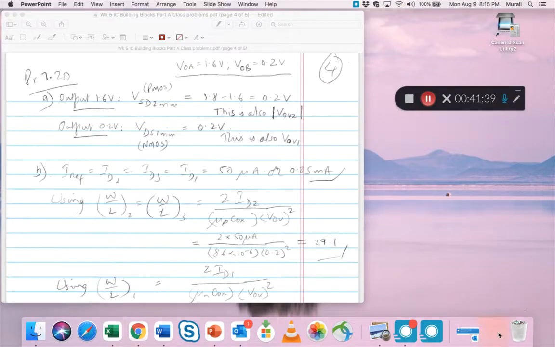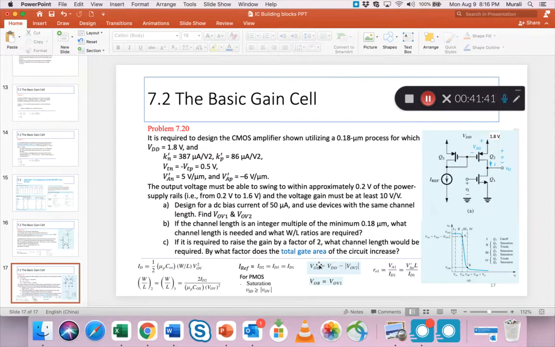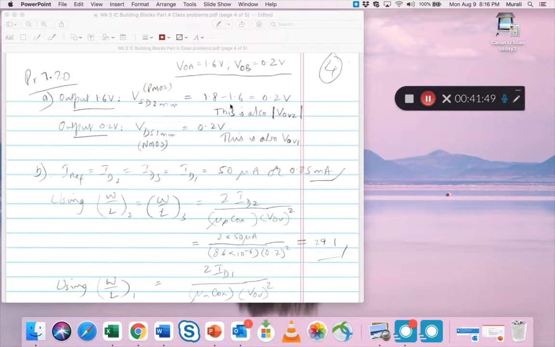And we know these formulas also, right? This formula. So 1.8 minus 1.6 gives you 0.2. This is the VOV for that PMOS transistor.